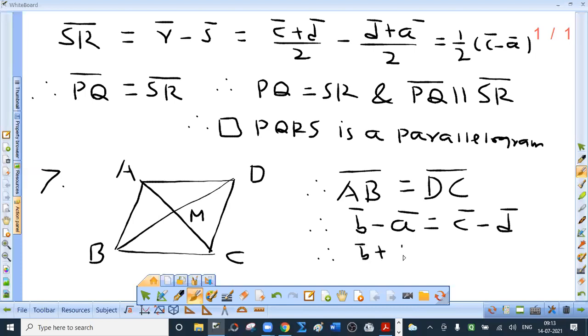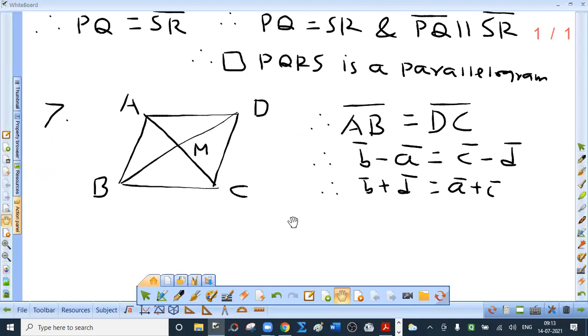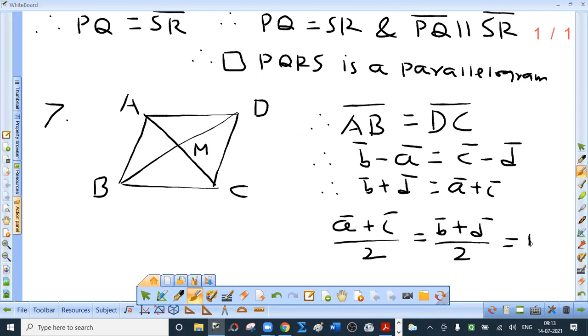So B bar plus D bar is A bar plus C bar. It's not at all difficult. Now I write this as A bar plus C bar upon 2 is B bar plus D bar upon 2, equal to M bar, say.